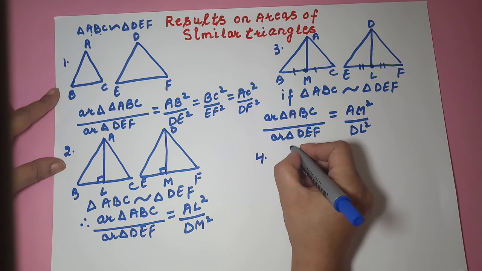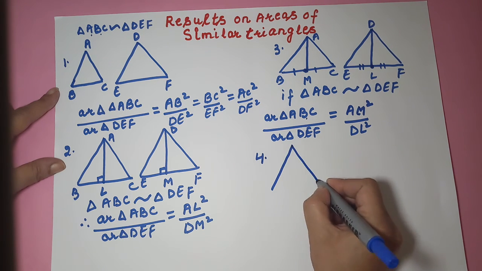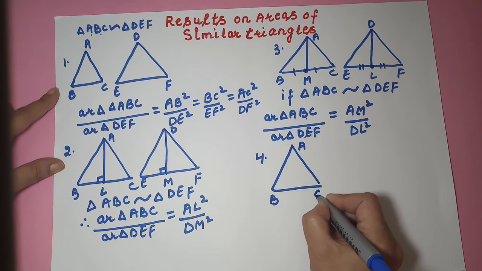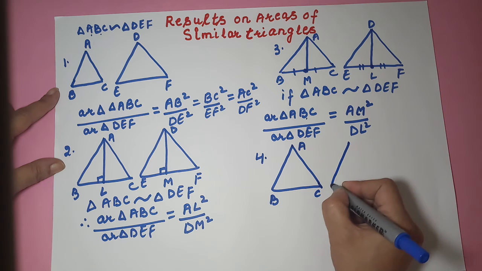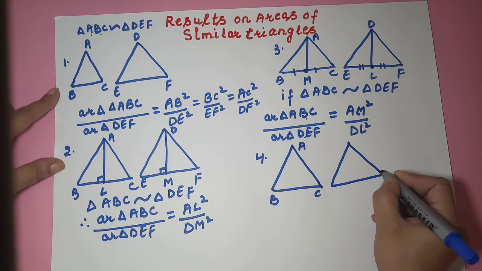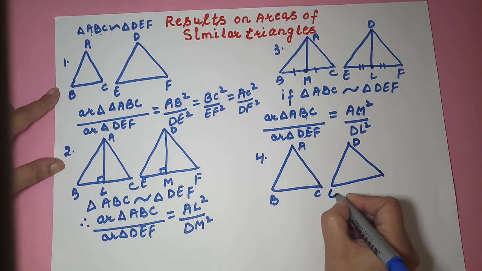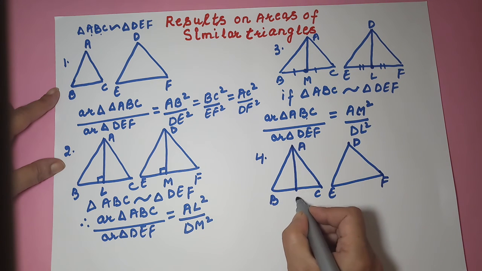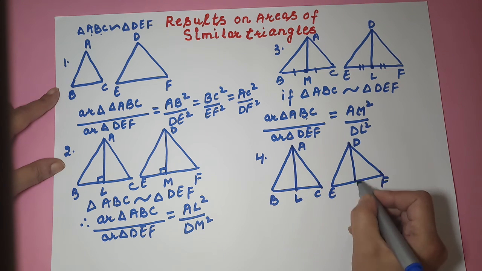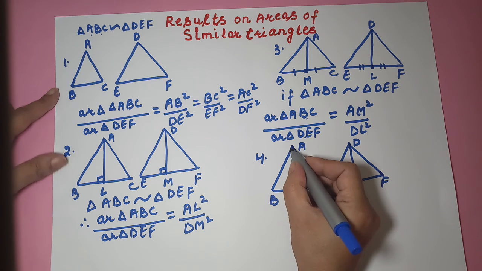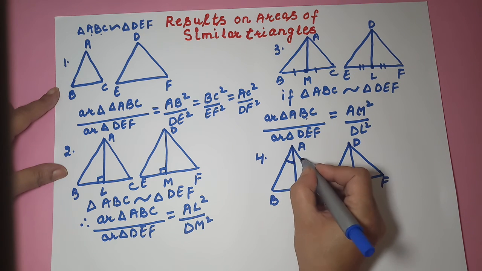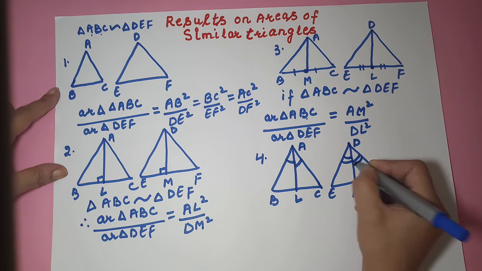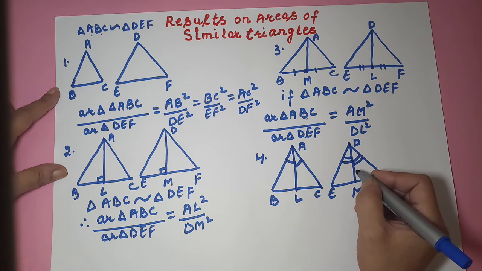Last one. So we have two triangles like this, ABC and this is DEF. Both are similar triangles, and here we have AL and here we have DM. Now here AL is the angle bisector of this angle A and DM is the angle bisector of this angle D, right?